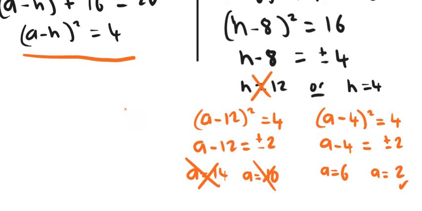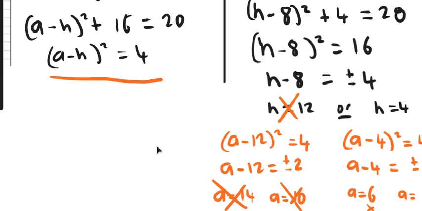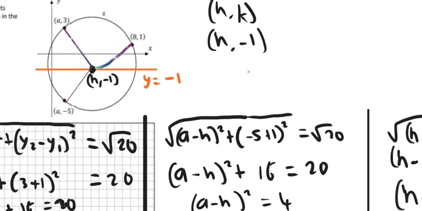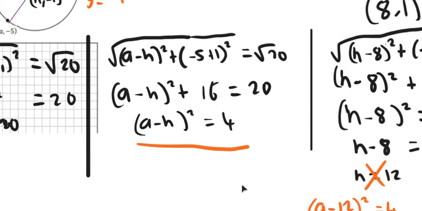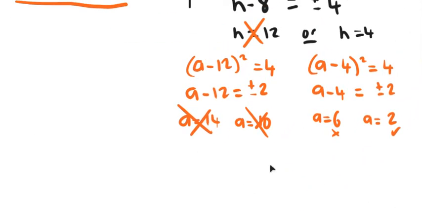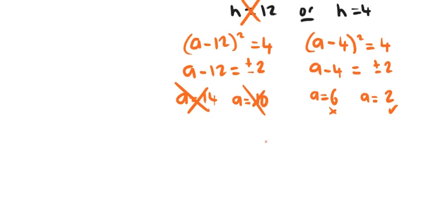So this one here works, that one doesn't work, but a equals 2, so we know that a has to be 2 then. So you can go all the way back here, so a was always 2 then, so 2, 3 and 2 minus 5 are on the circle. So h is 4, so final answer then after all that.